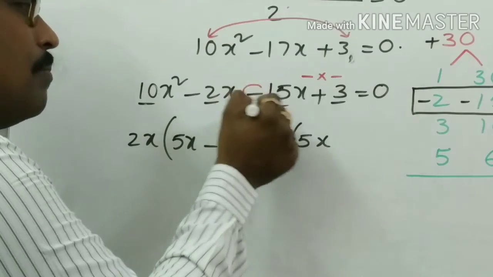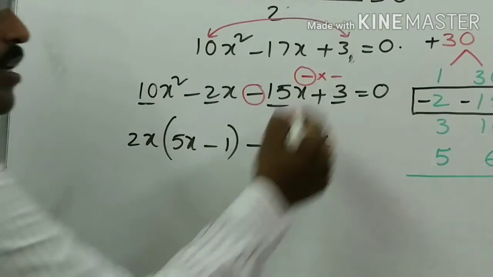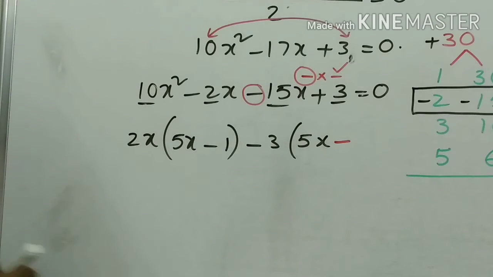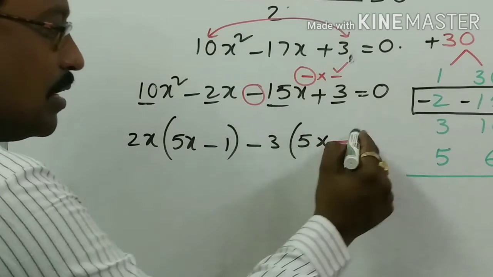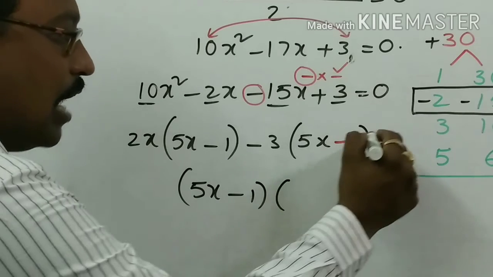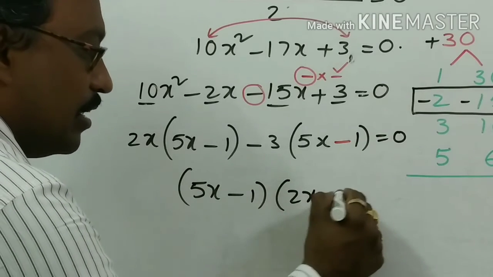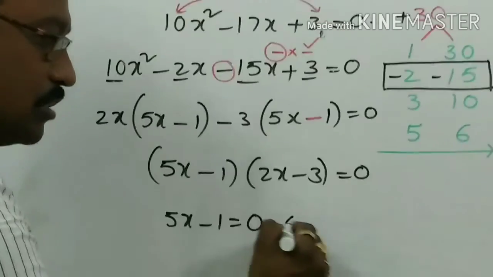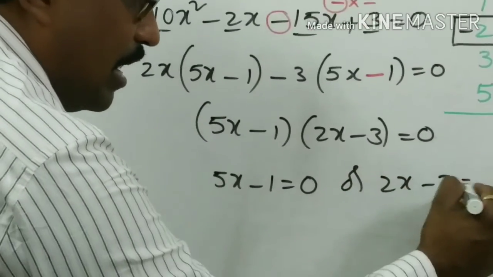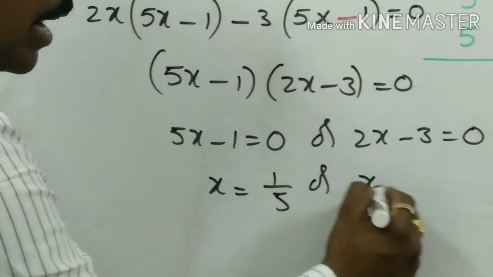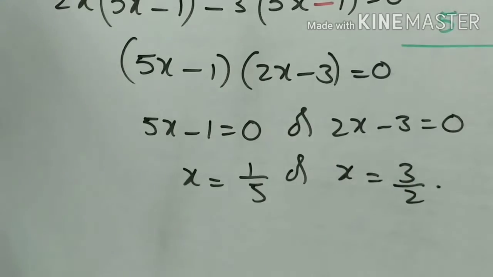Now minus is common, so the extra minus is there. That minus will come, so if 3 is common, 1 is left. So 5x minus 1 and 2x minus 3 is equal to 0. So 5x minus 1 equal to 0 or 2x minus 3 equal to 0. x is equal to 1 by 5 or x is equal to 3 by 2.